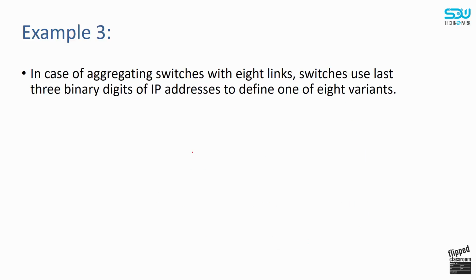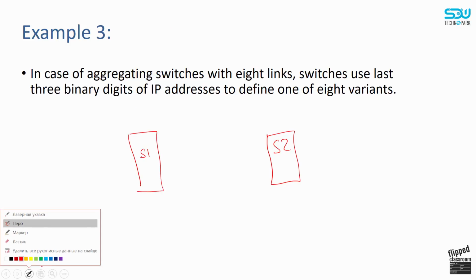And example number 3. In case of aggregating switches with 8 links, switches use the last 3 binary digits of the IP address or the MAC addresses to define one of the 8 variants. We don't have this example prepared, but I'll just show it by drawing it. So imagine that we have switch 1 and switch 2. Let me change the size of these two switches, because I need to interconnect them by multiple links.